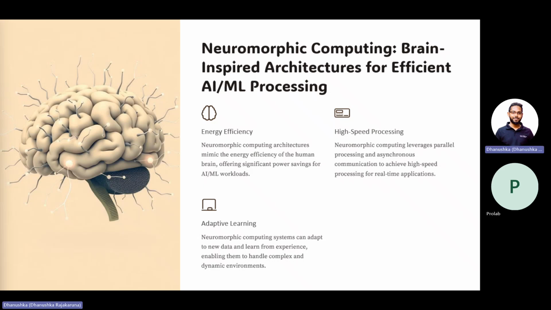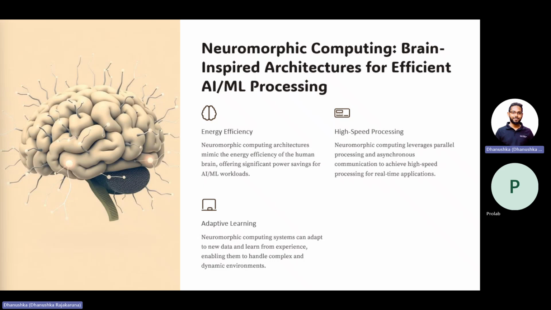So the future directions will be integration with AI and machine learning, hybrid architectures combining neuromorphic and traditional computing for enhanced versatility. Like in the movies, like iRobot, most sci-fi movies are based on these things: the integration of AI or ML, machine learning, with our brain, our neurons.